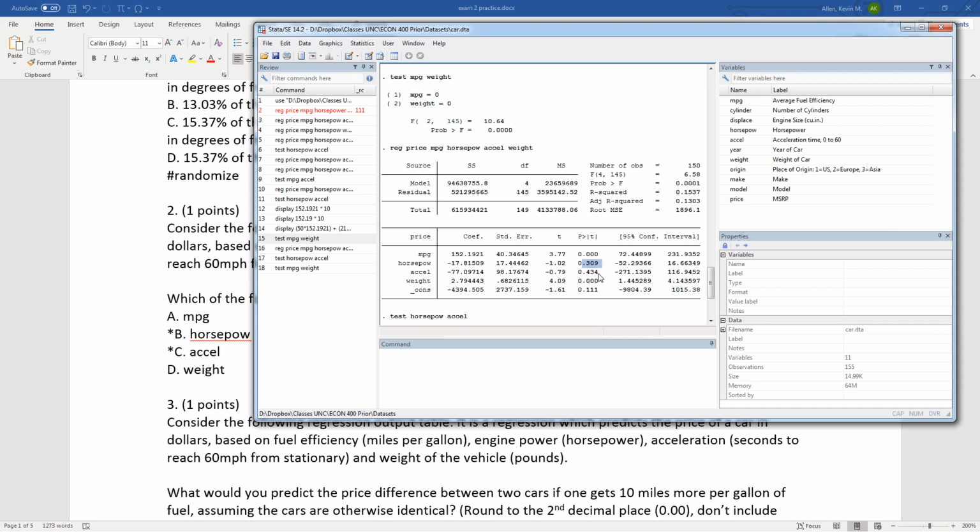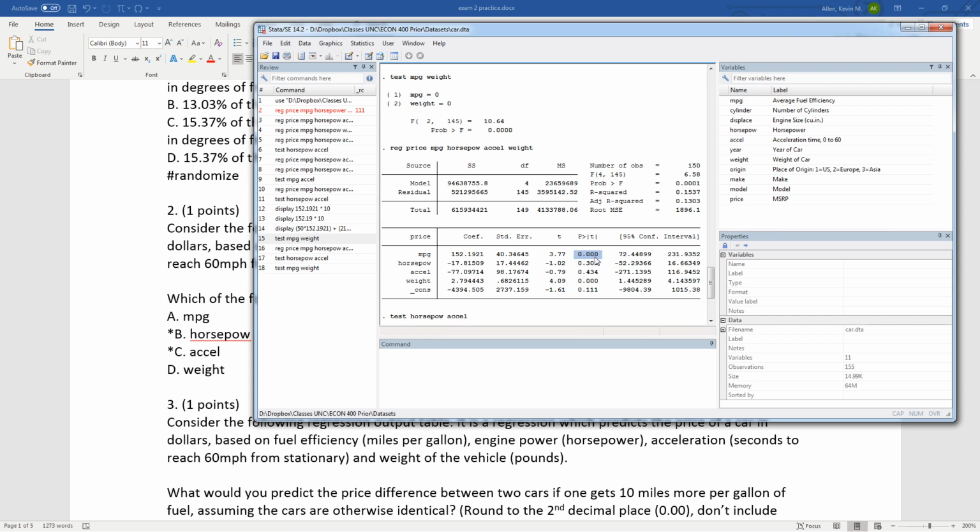It might be the 5% level if it's 0.05 or less. It could also be statistically significant at the 1% level if it is less than 0.01. And that's the case for miles per gallon and for weight. When the p-value is 0, that means it's significant at the 1% level because that's the lowest level of significance we track. So that's as significant as any variable could possibly be.